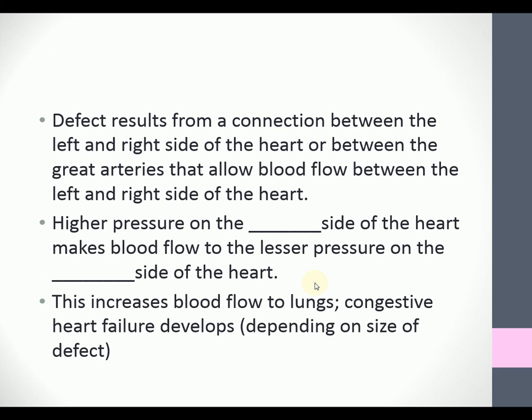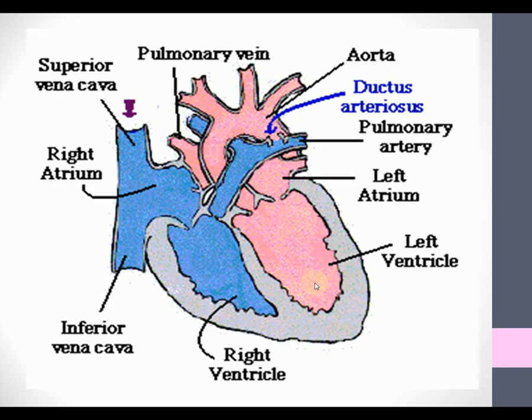All right, let's look at a heart defect. So what are we looking at here? We're looking at how the blood is going to flow down in the patent ductus.